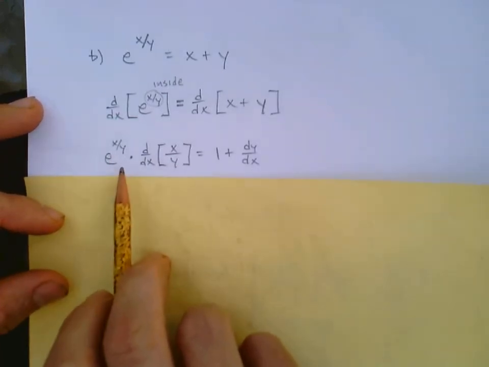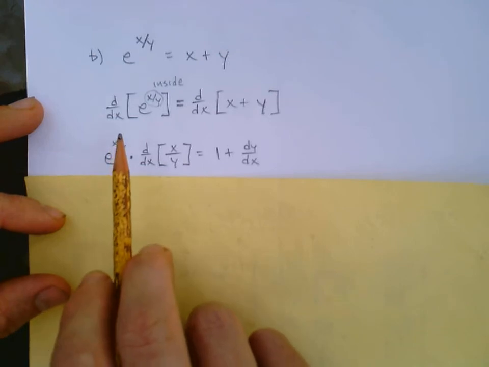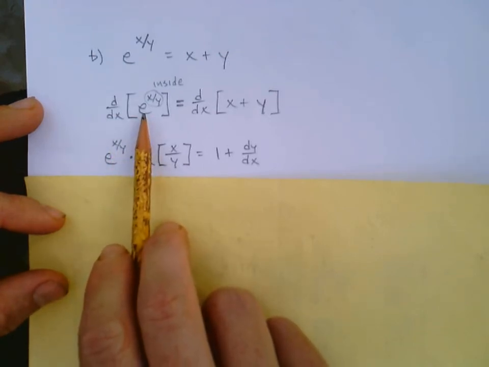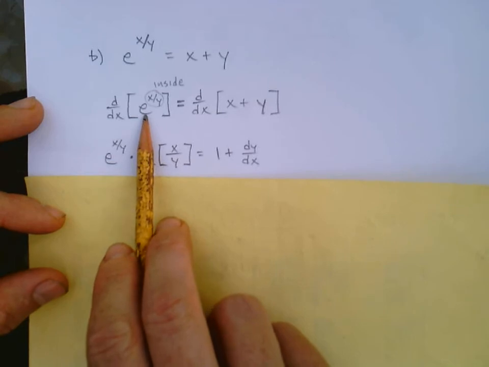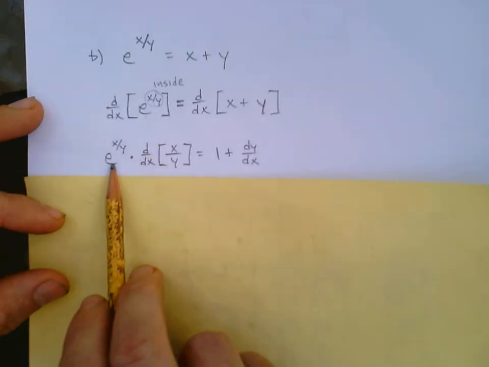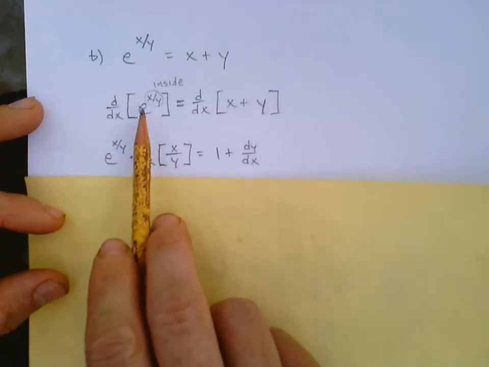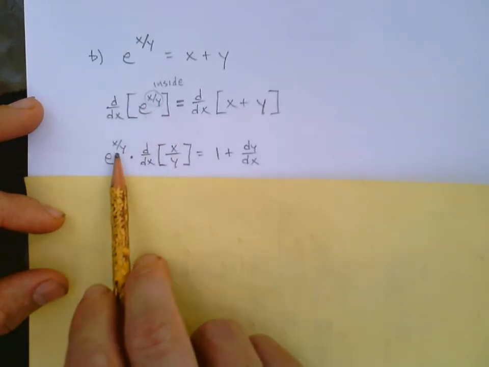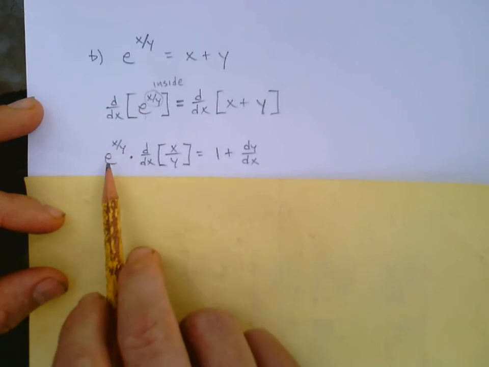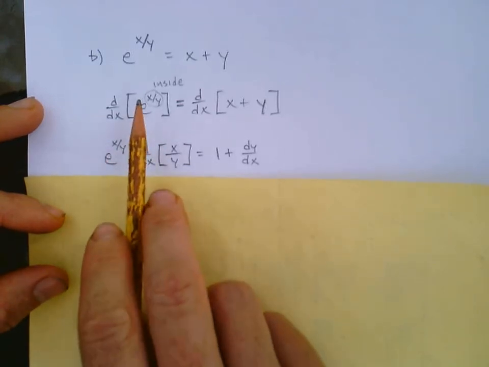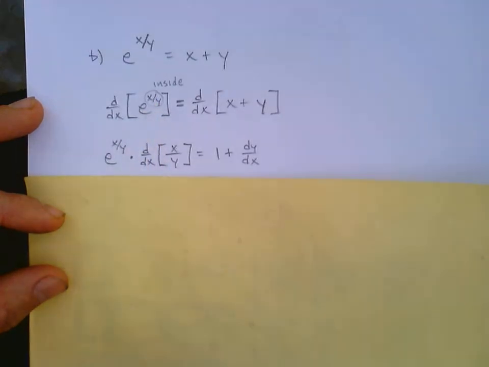Okay, let's look at that left side. So the big idea here is the chain rule. So the derivative of the e, we know to just copy the whole thing, because the derivative of e to the x is itself, and we copy this part because it's the inside function, right? So all that just gets copied. Then we need to multiply by the derivative of the inside.